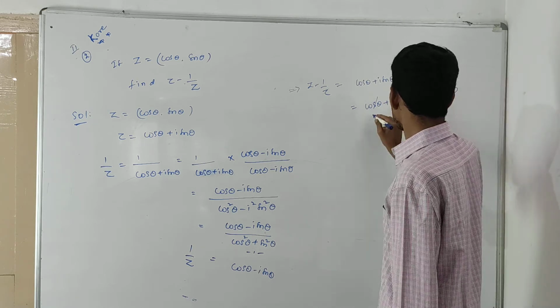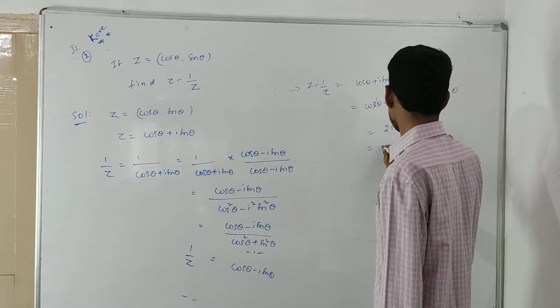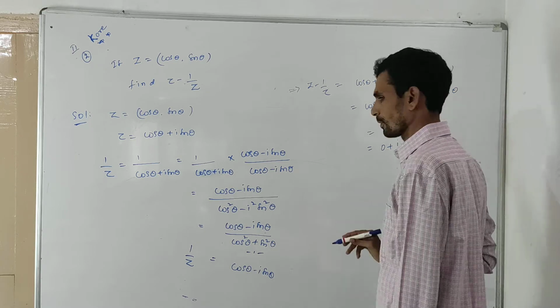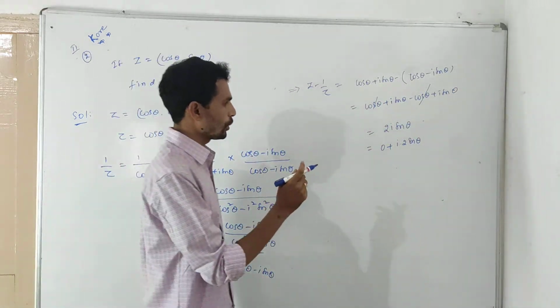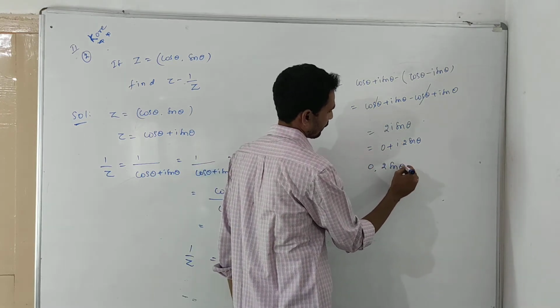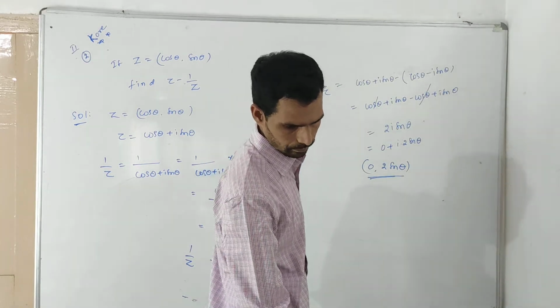Cos theta gets cancelled. Remaining part is 2I sin theta. It can be written as 0 plus I into 2 sin theta. Any doubts? What is the real part value? Real part value is 0. Why? Because 0 comma 2 sin theta is the coordinate form of Z minus 1 by Z.